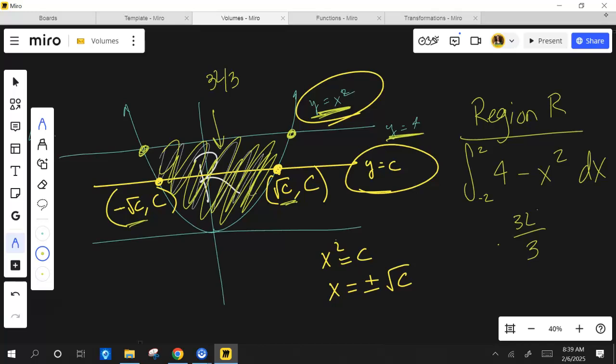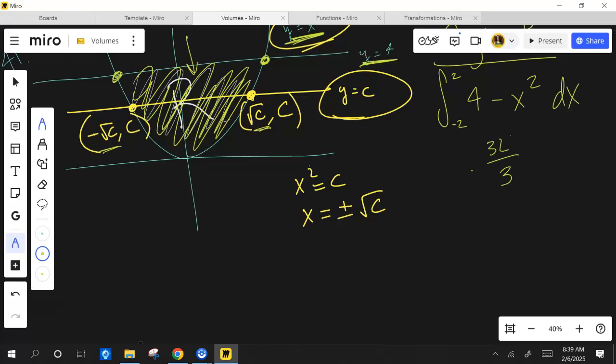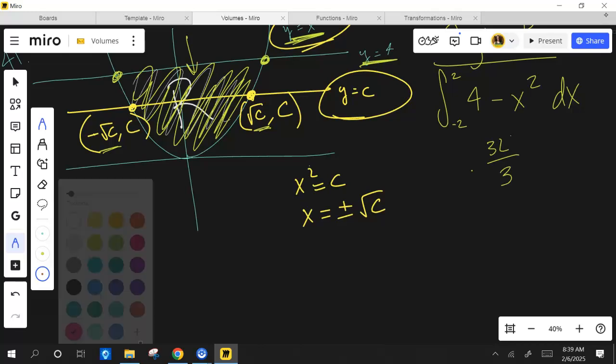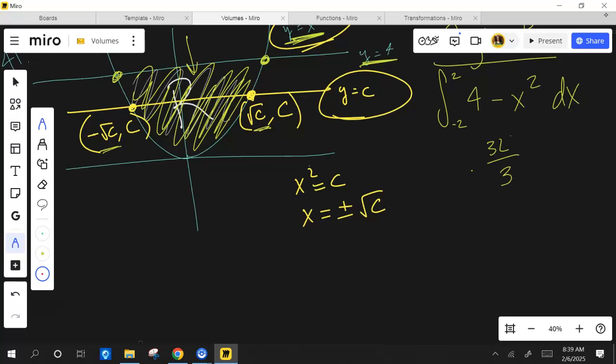Well, that'll tell me how much area is in half, but that doesn't solve for C. So if this is region R, right? Let me get another color. I want you to see why.